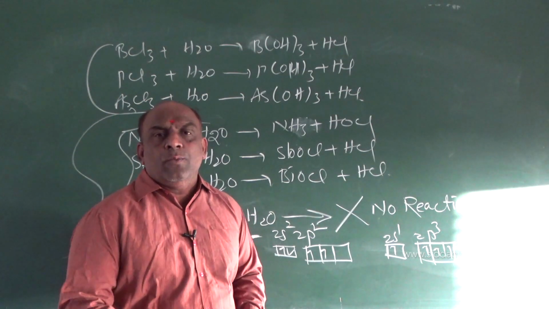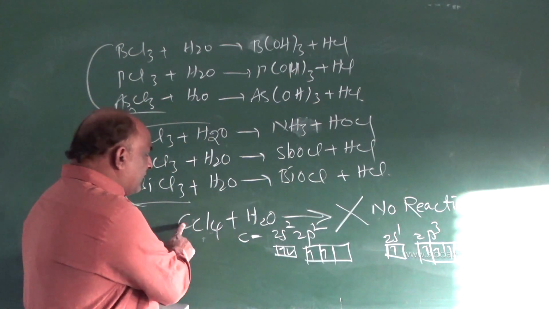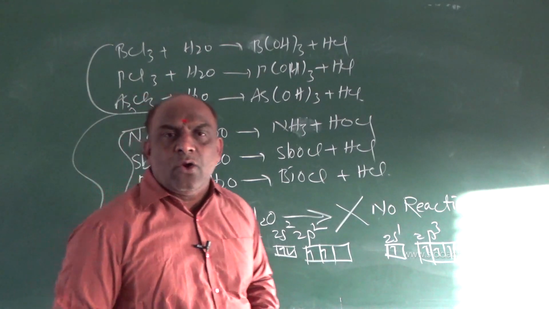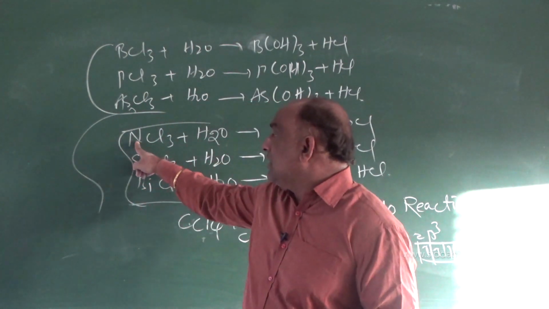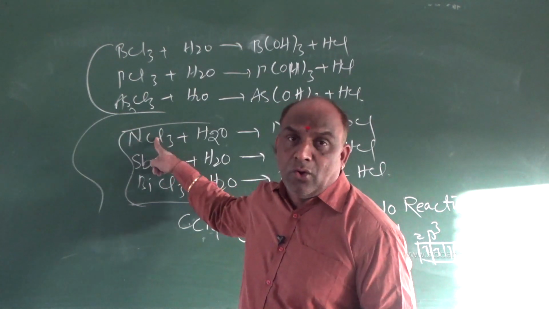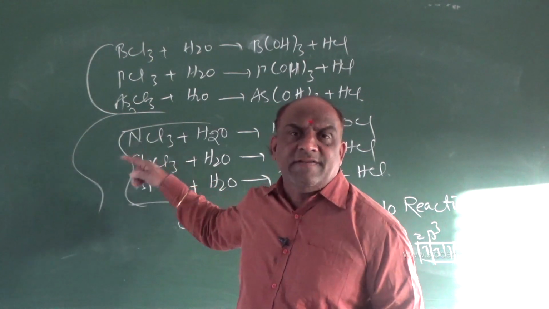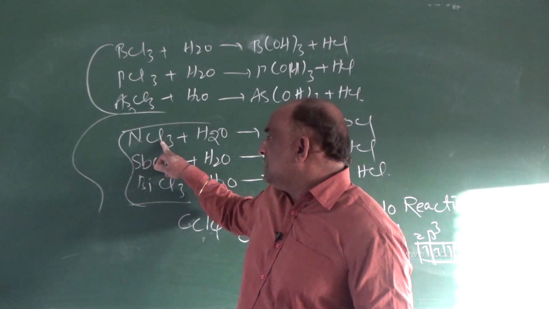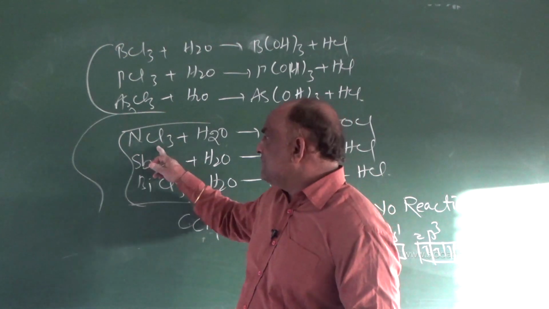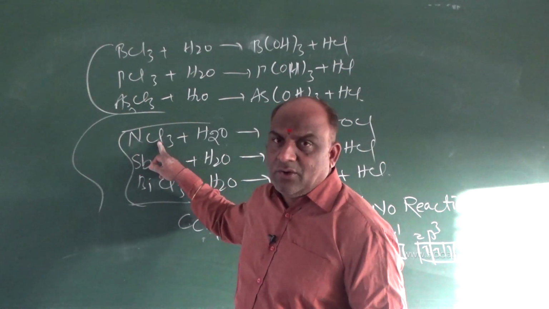Carbon electronegativity is 2.5, chlorine electronegativity is more. The electronegativity gap between carbon and chlorine is much more compared to the gap between nitrogen and chlorine. In NCl3, nitrogen and chlorine have the same type of charge, so there is nothing special: chlorine is not special for nitrogen, and nitrogen is not special for chlorine.